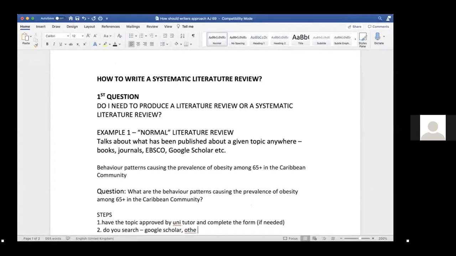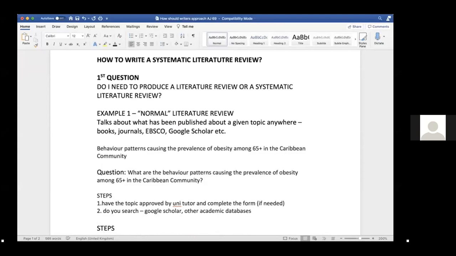You check Google Scholar and other academic databases, and as a third step, you need to generate 3 to 4 themes that recur among the published articles.